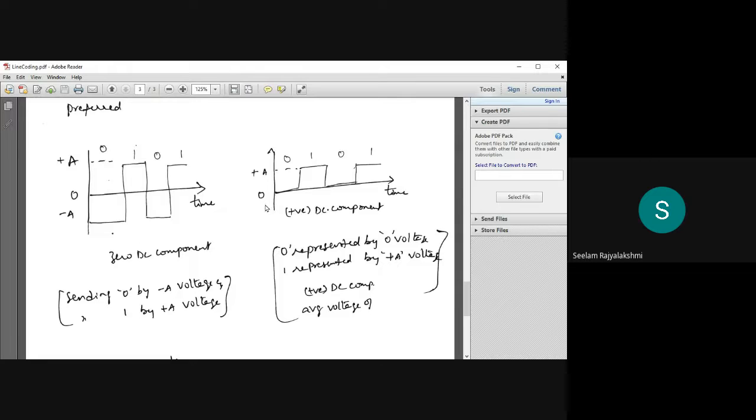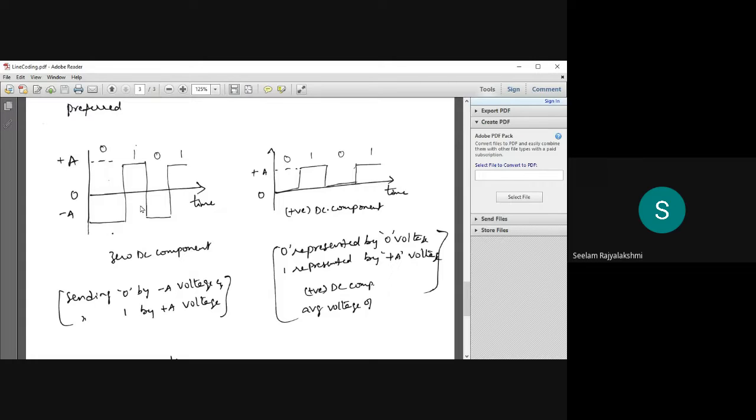Here we don't have any negative amplitude, so all are positive and they are not cancelled. So this is the positive DC component.